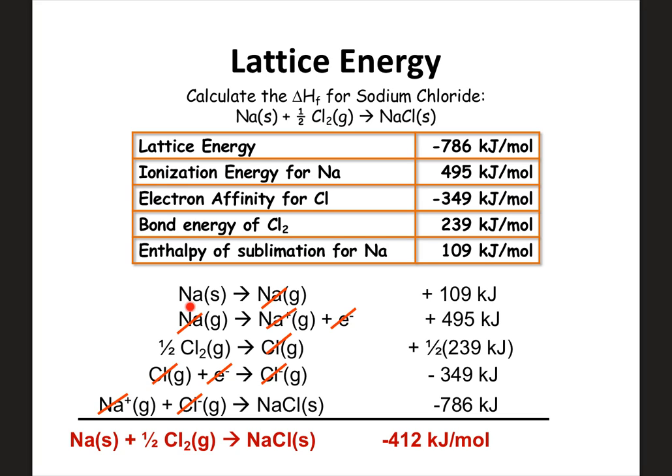Then you have to take sodium gas, get it into the ion form, which means removing an electron, which would be ionization energy. And then you have to split the bond between the chlorine here. That's going to be bond energy. Then chlorine's going to have to gain an electron, which would be electron affinity. And then the last part is when those ions come together in the gaseous form, that's lattice energy.